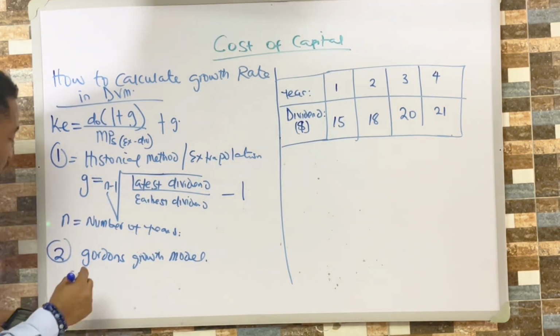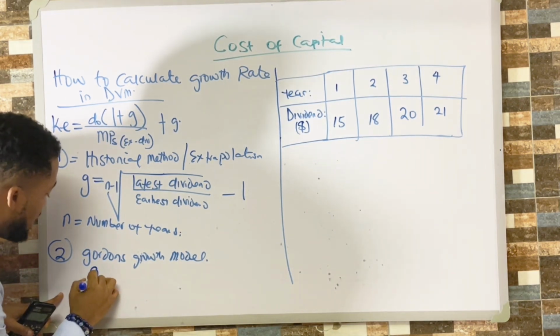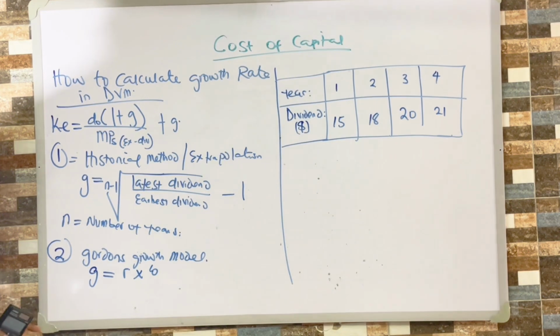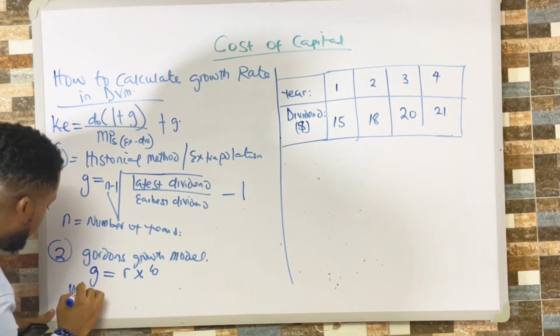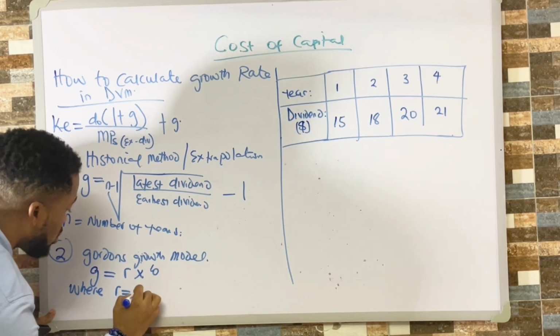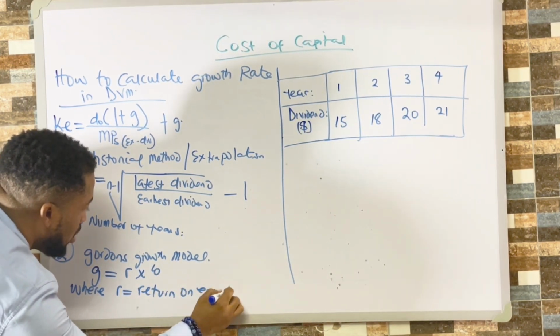And according to that, Gordon says that G equals R multiplied by B, where R equals return on equity.